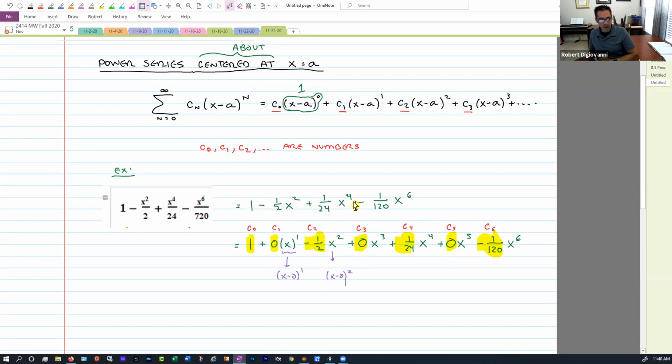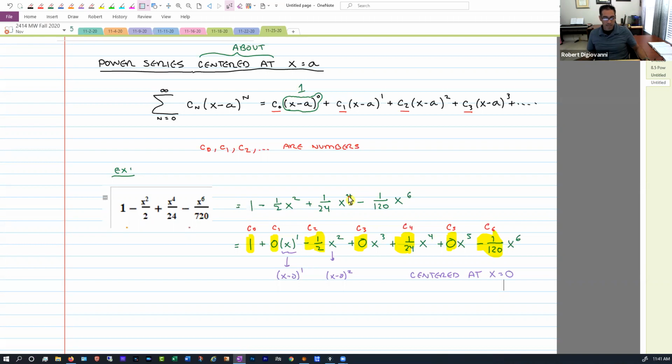At x equals 0. So this would be an example of a power series centered at x equals 0. So if you ever just see x by itself to the power, you know it's centered at 0. You have to see like x minus something or x plus something in parentheses for you to say it's centered somewhere else.